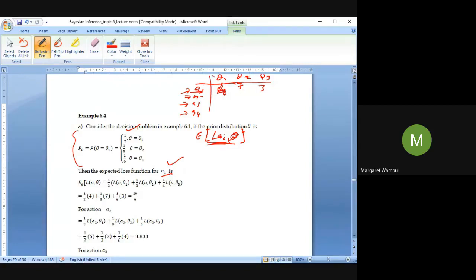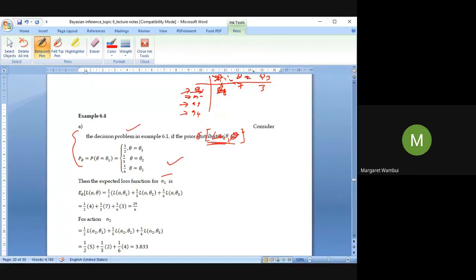Now, I've been provided with these probabilities. When theta is theta 1, the probability is a half. When theta is theta 2, the probability is a third. And when theta is theta 3, the probability is a sixth.